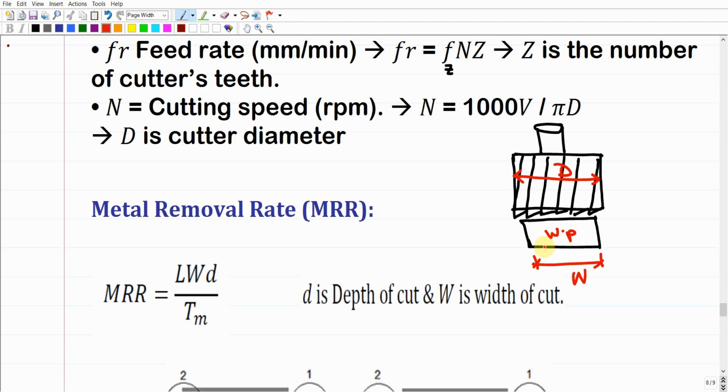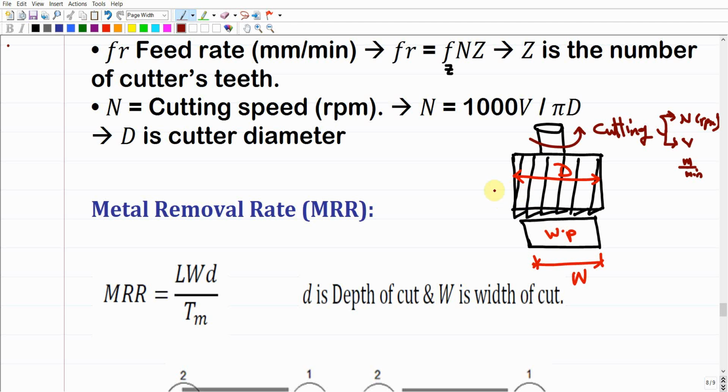Make sense? So the cutter rotates, and the rotation of the cutter is going to be the cutting motion. So again, it will be rotating with N in terms of RPM, or V in terms of meter per minute. As we mentioned, typically the same as over the previous machining operations.